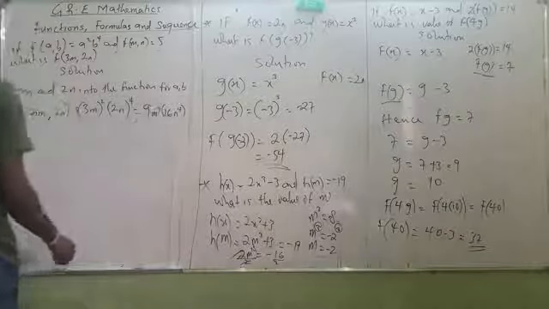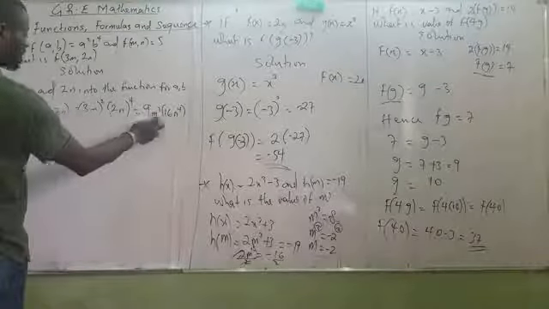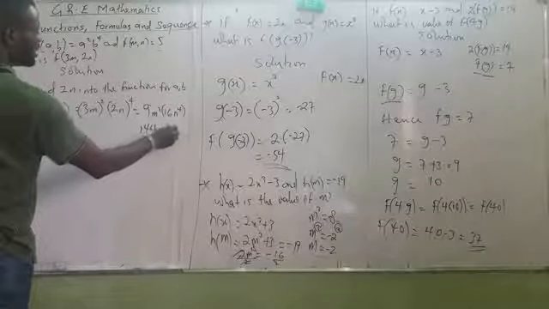Now I can continue by multiplying this times this, 9 times 16, which is 144 m squared n to the power 4.